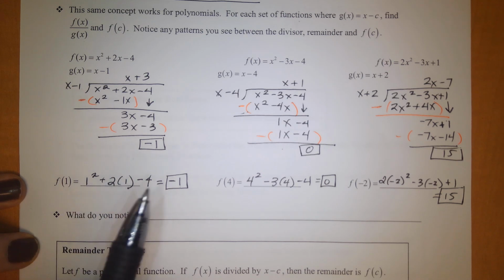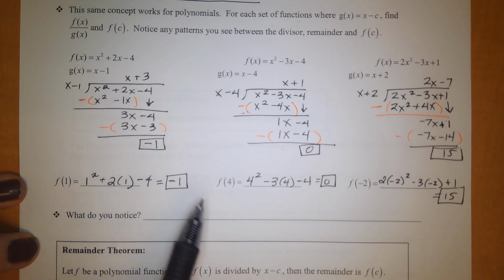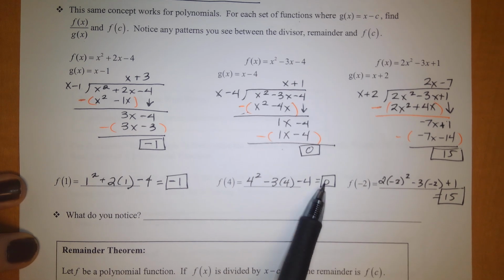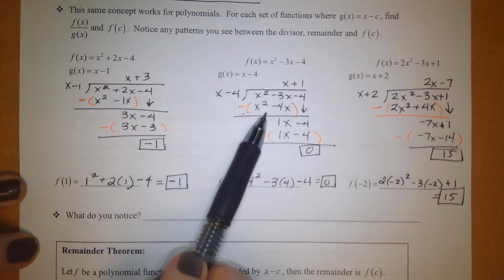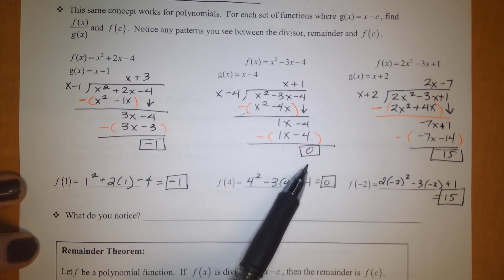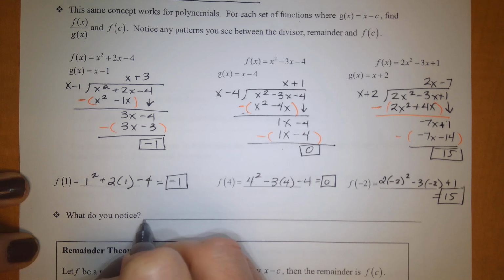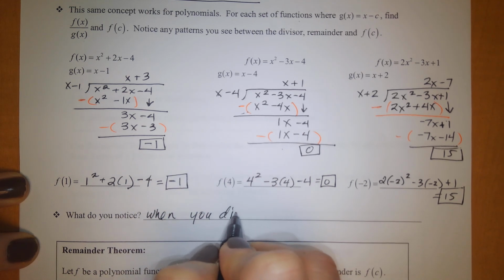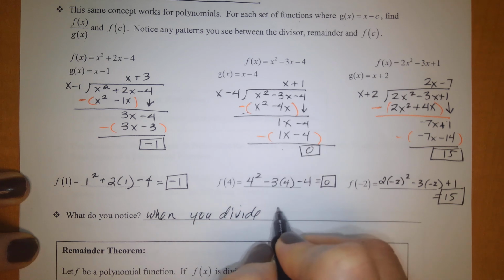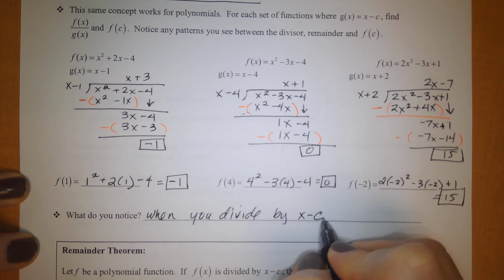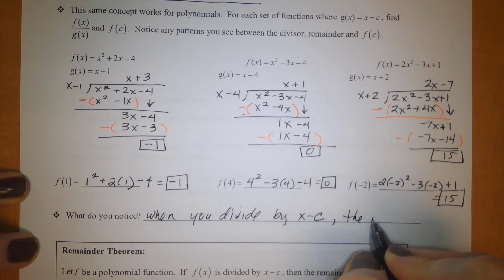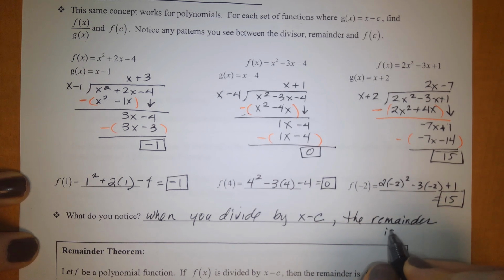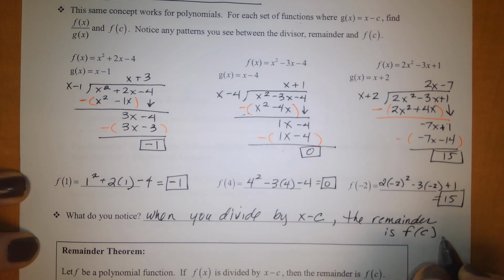So if I said, find the remainder of this division problem, it would be much faster just to do f of 4, and you get the remainder much faster than doing this long division. So what I noticed is that when you divide by x minus c, the remainder is always going to be f of c.